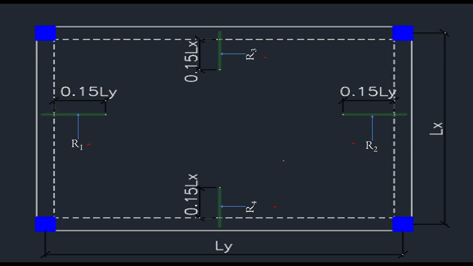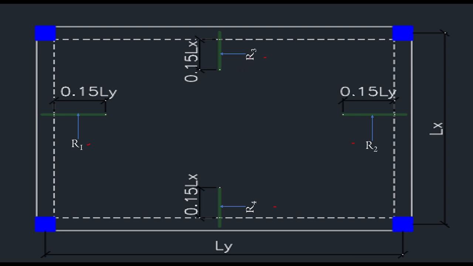So when the beam, for example, supporting the slab is preventing the slab from twisting and other movement, and the slab is discontinuous and restrained, the top reinforcement, just like we have in this situation, is going to be returned into the slab by 0.15 multiplied by the length in which that reinforcement is parallel to. For example, R1, R2, these ends are discontinuous. So they are going to be returned into the slab by 0.15 multiplied by Ly.